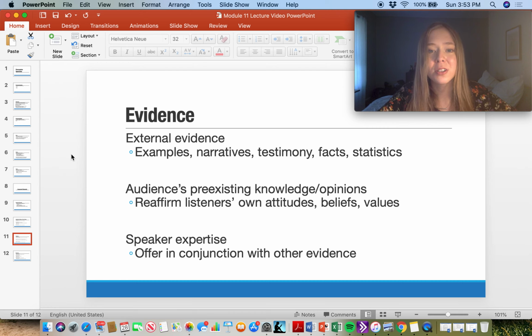So if you are a persuasive speaker, it's helpful to reaffirm the listener's own attitudes, beliefs, and values, which is why that audience analysis is so important, and understanding where your audience is coming from when they walk into that room to hear you. And so we talked about how to do that a little bit: polls, surveys, focus groups, just doing some research of demographics and how people, maybe in this part of the country are more likely to view things, right?